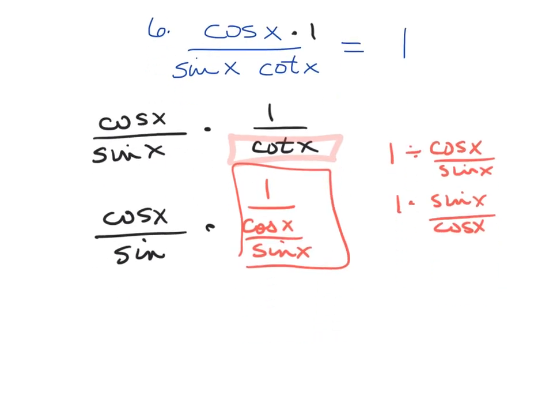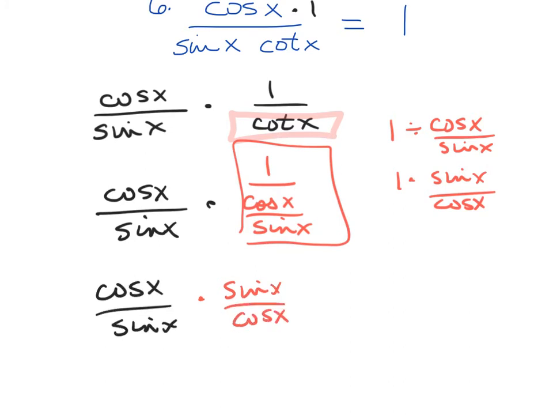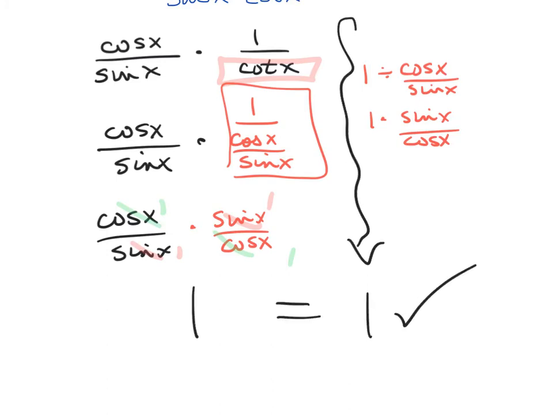So the red really now becomes, this is the same, and then the red becomes sine x over cosine x. When I go to multiply this fraction, everything becomes 1s. So I got what I was trying to prove. I was trying to get 1 equals 1, bring down that 1, and it's verified.